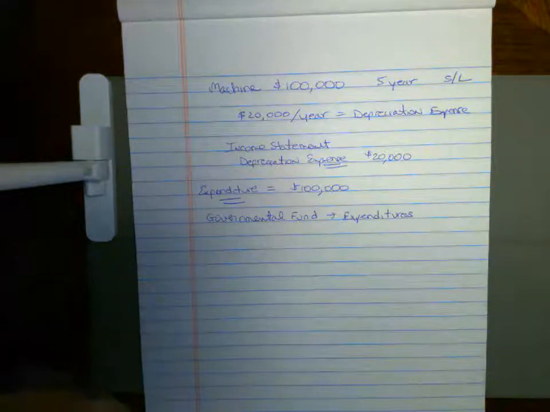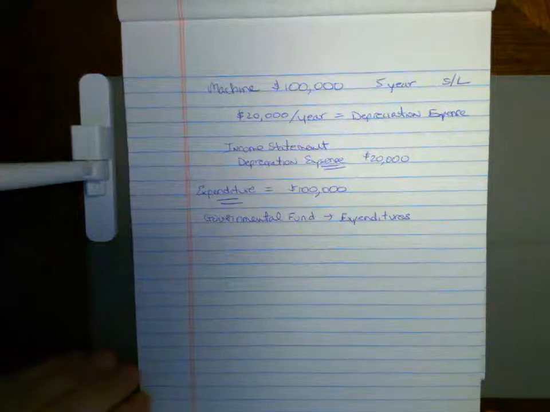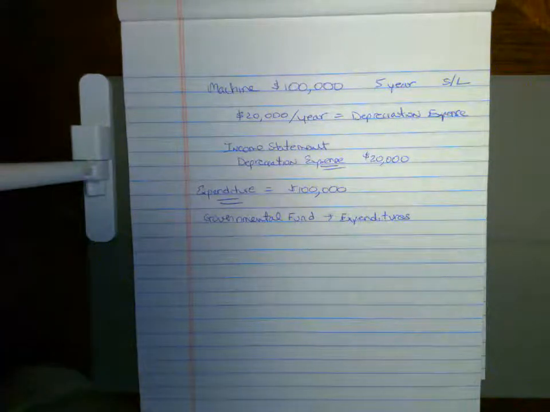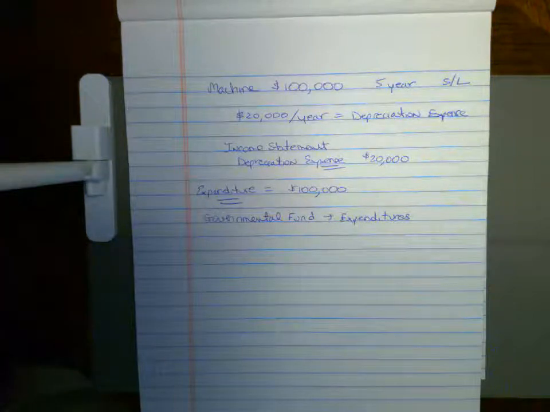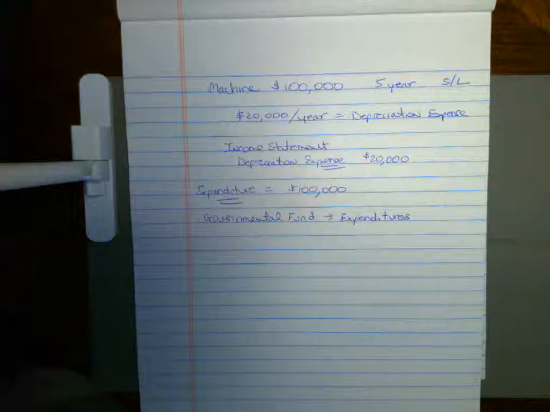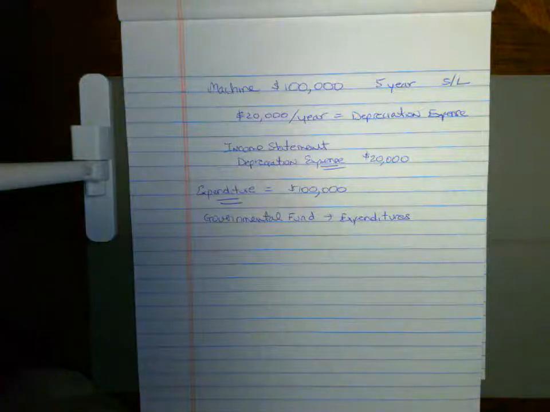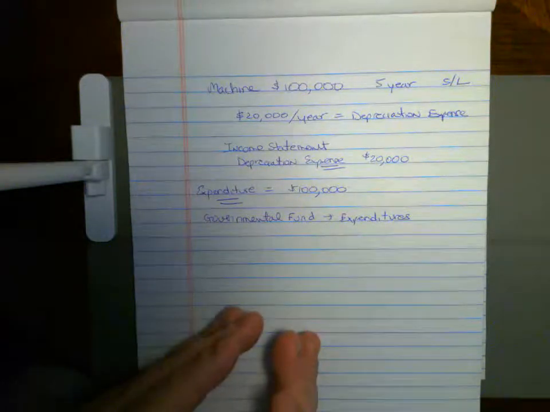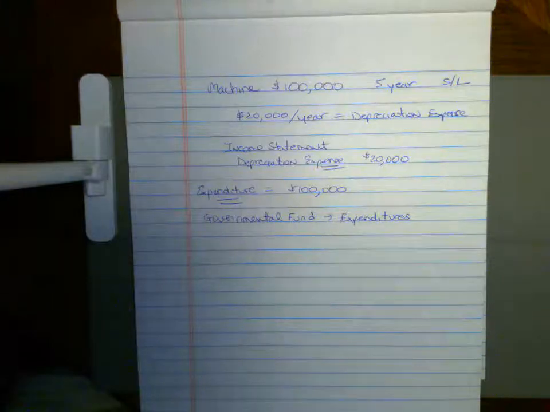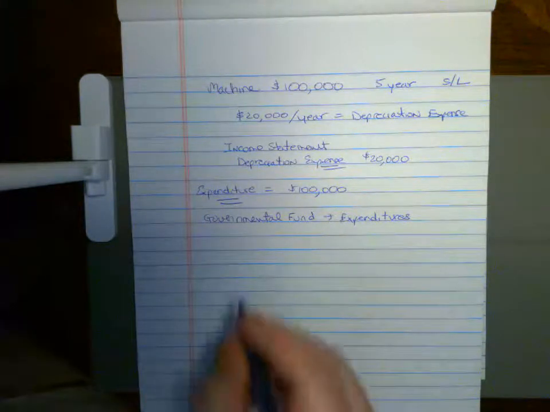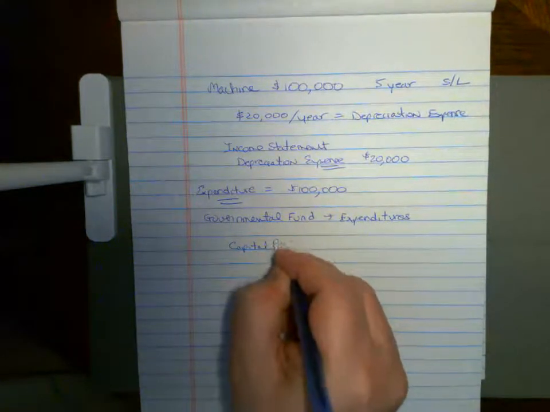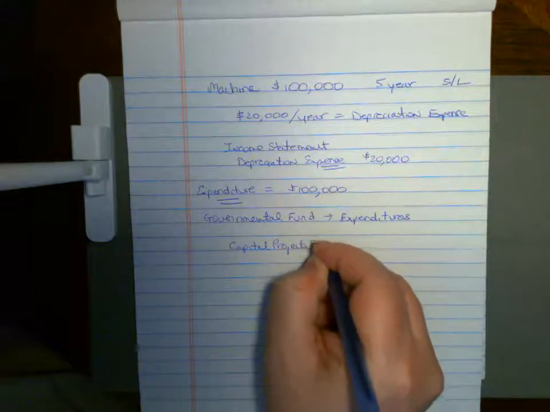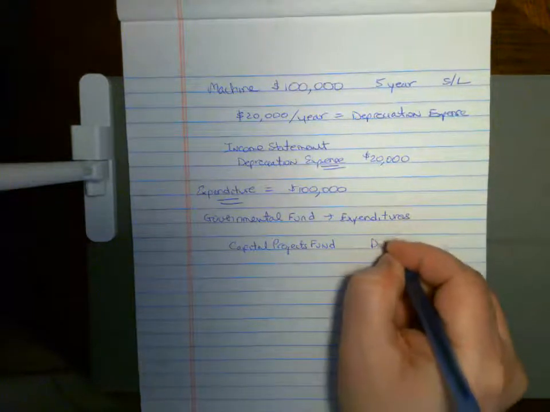And if they did not use cash and say they were to acquire this, they might use a capital projects fund to acquire the machine and then use a debt service fund to raise the money to pay it back. And so they actually separate the asset acquisition from how they're going to pay for it, so that they would actually use the capital projects fund and the debt service fund.